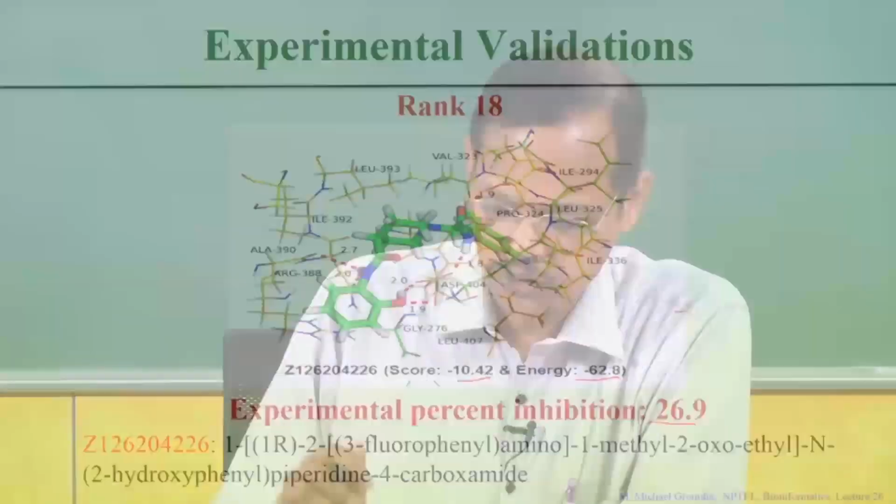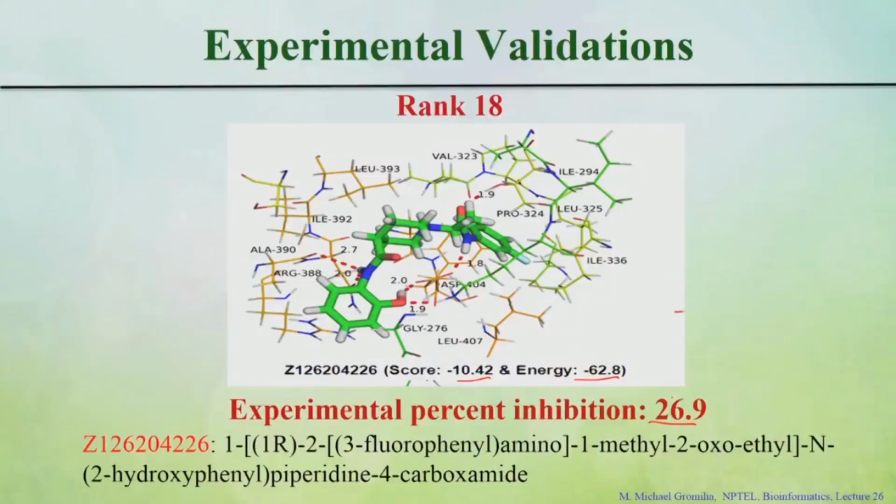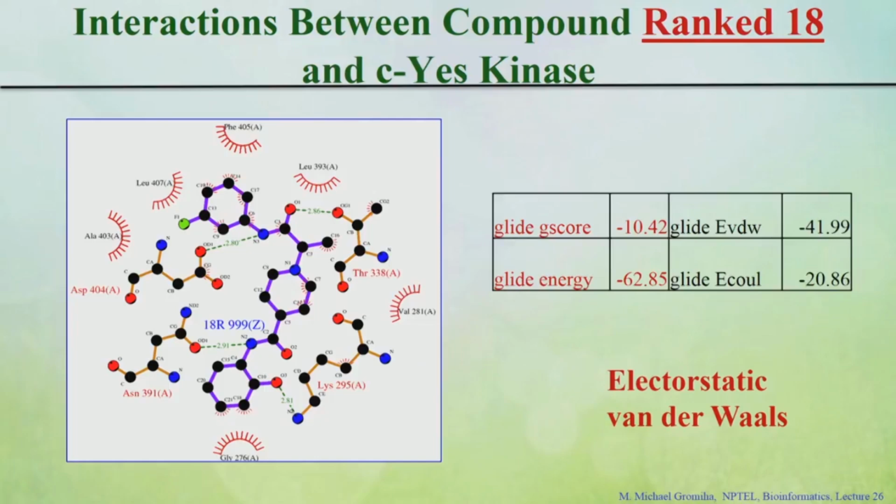So, here the inhibition is 26 percent. See, this is the compound and you can see it is surrounded by protein amino acids. Some of the interactions I will show here. You can see these hydrophobic interactions and some of them are hydrogen bonds. This is the OD1 and this N2, they have an electrostatic interaction, and here also you can see an interaction, and here are the hydrophobic interactions, the CH2 groups.